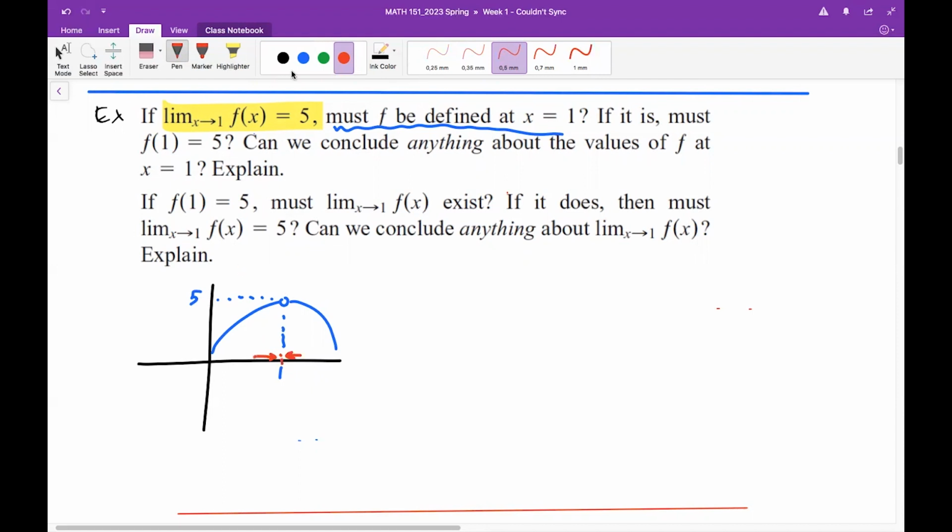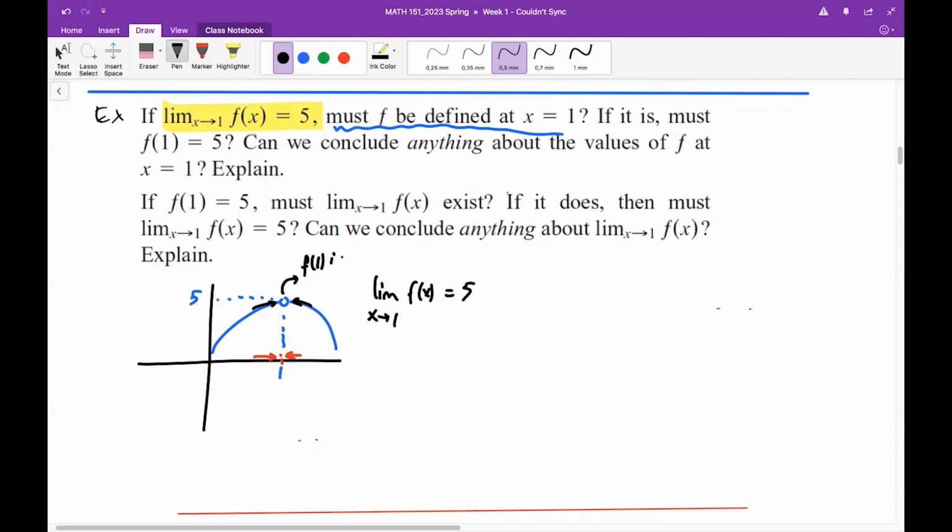You see, if you follow the graph as x approaches 1 from both directions, you see that the limit is what? 5. Okay, this is satisfied. Now we can answer the question. Must f be defined at x equals 1? Is it defined here?